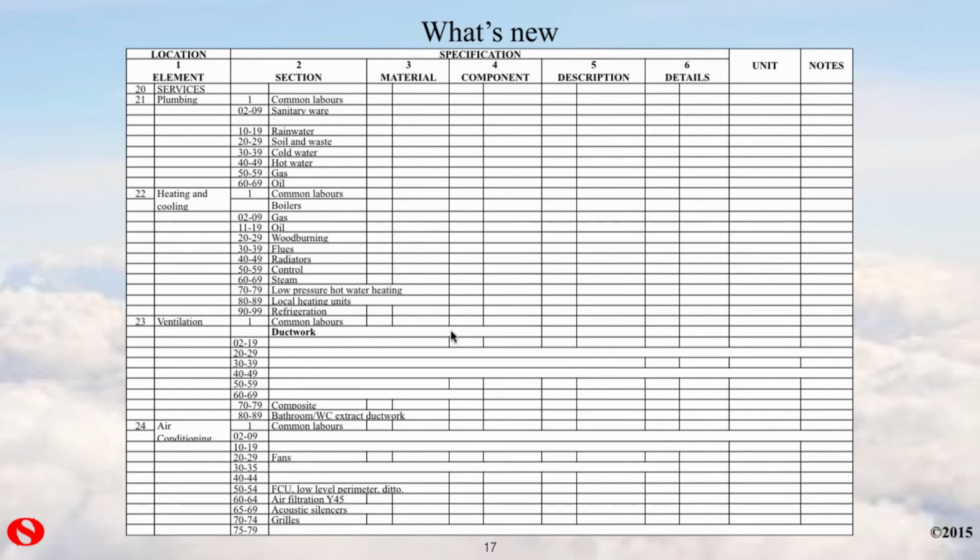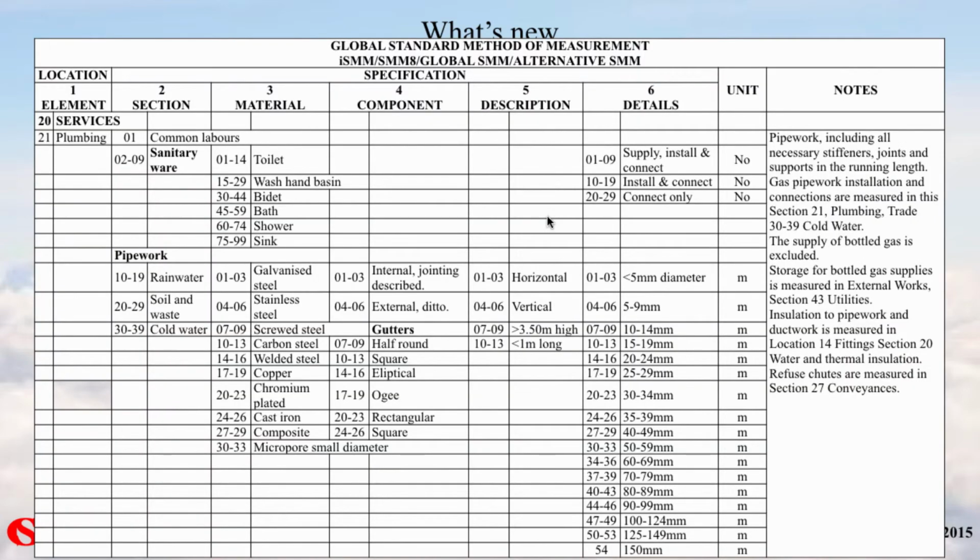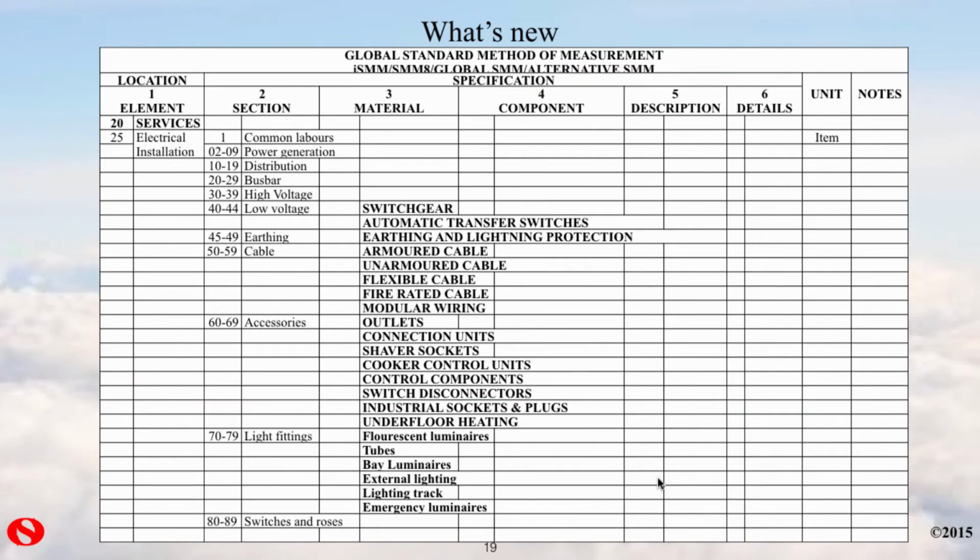Here is a summary only of the major sections in the mechanical services: plumbing, heating, cooling, ventilation and air conditioning, and a series of sections with detailed descriptions for each one of these items, and the following page provides an example on the plumbing, the sanitary ware, where the pipe work, where you've got what section it is, what material it's made of, its components, description, details, particularly in this case of course concerning diameters for pipe work.